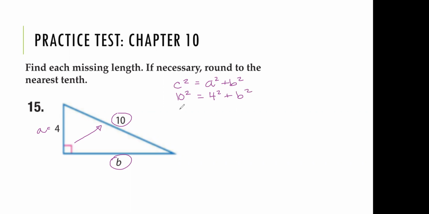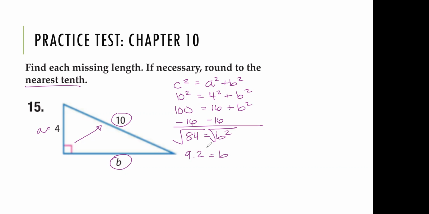So I've got 10 squared, which is 100, 4 squared, which is 16. So I'm going to subtract 16 from both sides. When I do that, I get 84 equals B squared. I want B, not B squared, so I take the square root of both sides. I punch that into a calculator. Do not expect you to figure that out, okay? And the square root of 84, when you round it to the nearest tenth, is 9.2. Okay.